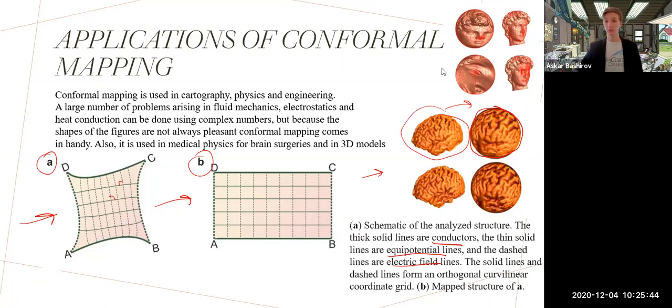And it's also used in 3D art. If you do something in 3D, they actually use conformal mapping for 3D models. So it's pretty cool how something that's really just math can be beautiful, interesting, and very applicable. And now I'm going to show you an extra bonus section that shows how beautiful it can be.